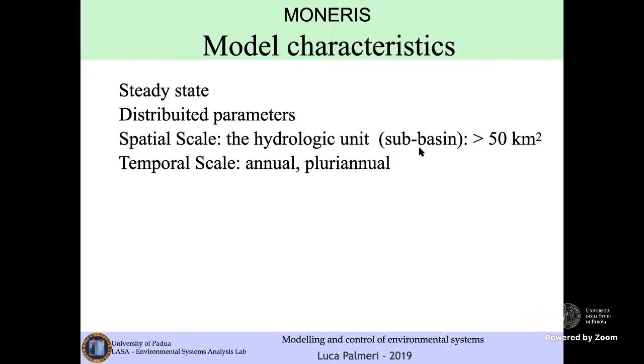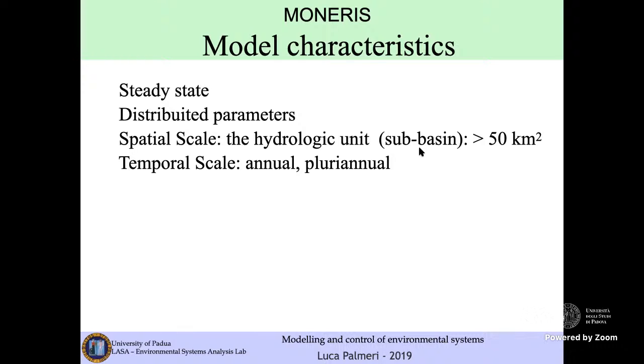It is a steady state model, so we are taking pictures at a certain moment in time. Means, for example, seasonal pictures or monthly pictures or yearly pictures. It is a distributed parameters model.